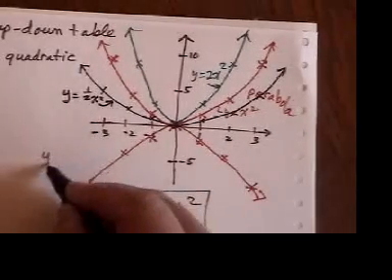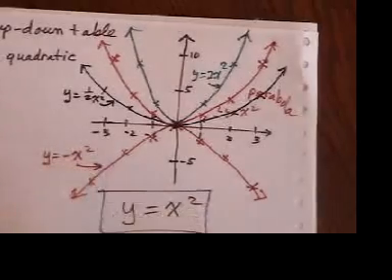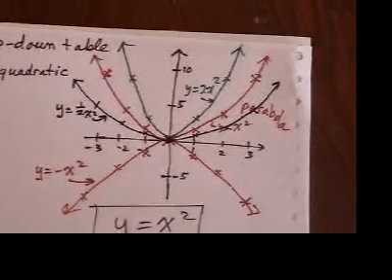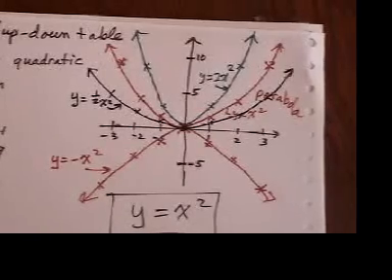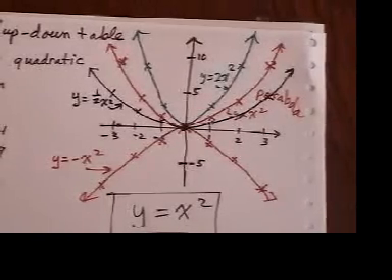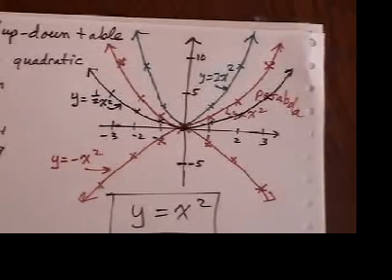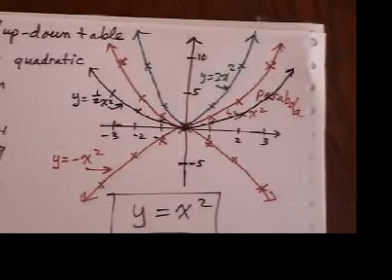It's facing downwards, it's a negative unhappy parabola. So if you look at that whole thing there, you will see that the sign in front of the x squared determines how fast the shape goes up and down. And that works for all graphs, no matter what you're looking at.